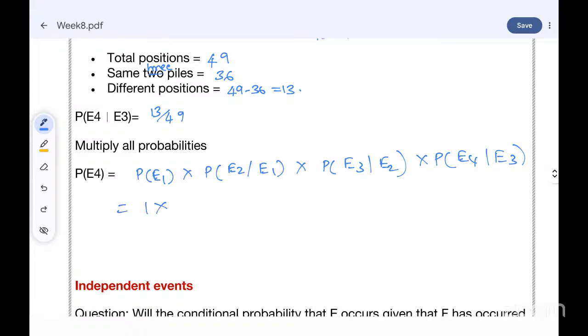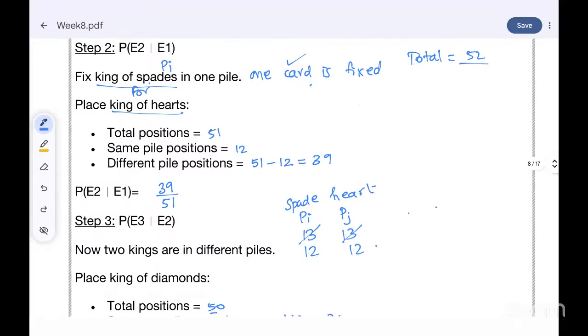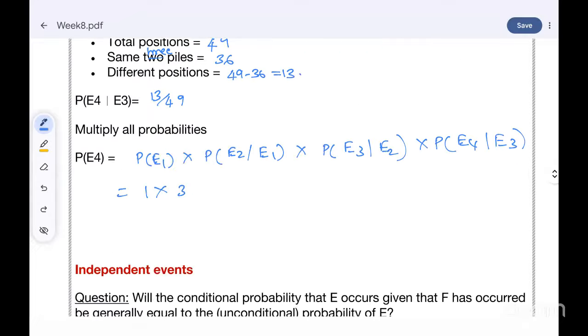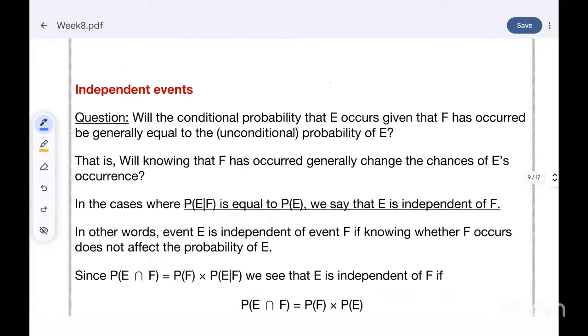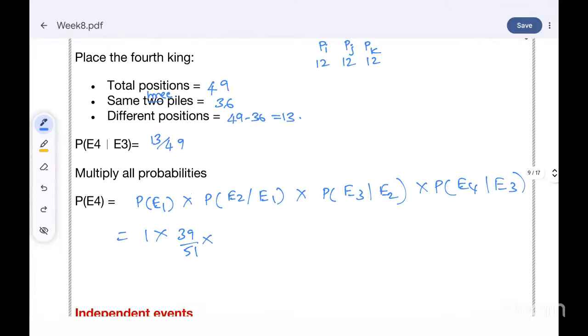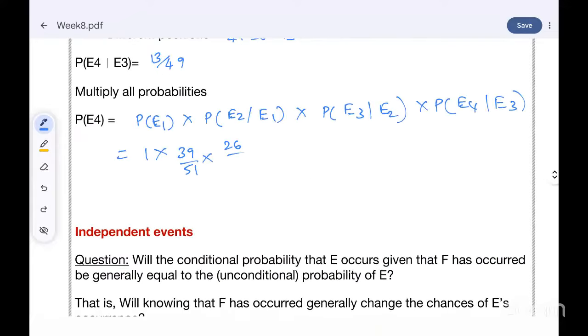So 1 into 39 by 51, and then 26 by 50, and then 13 by 49. You can do the calculations and write the answer. Is this question clear for everyone? Any questions here?